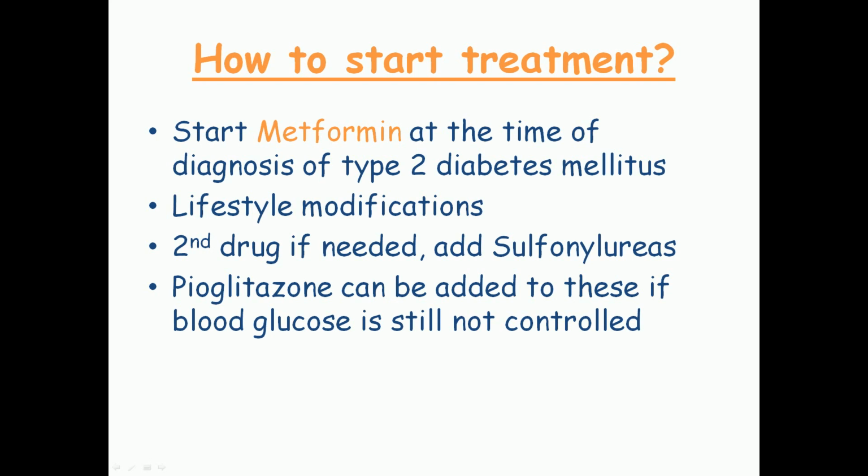When you start giving metformin and you advise lifestyle modification, but if still the blood glucose levels are not controlled, you can add a sulfonylurea. Even after adding sulfonylurea, if the blood glucose is not under control, you can add pioglitazone to that, and you can adjust your treatment accordingly. If the patient is resistant to all the treatment, finally the treatment choice is insulin.